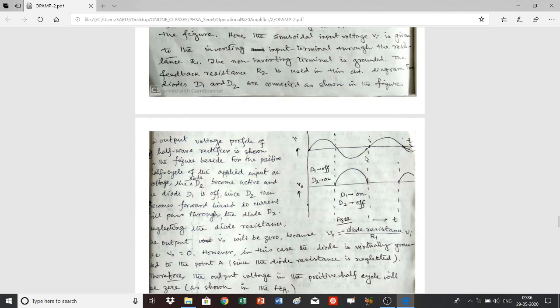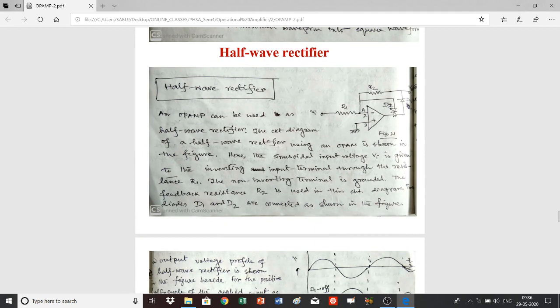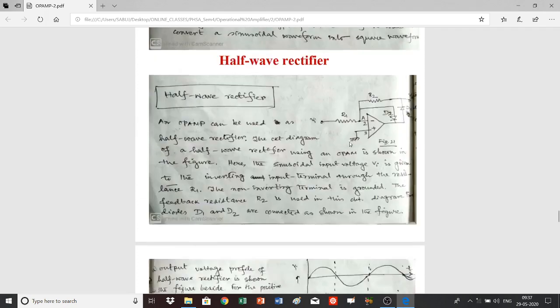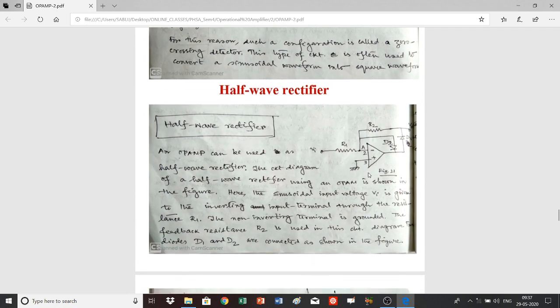This can also be explained another way: the diode D2 is connected to the virtual ground A, and this point acts as virtual ground, so A acts as a sink, no current will be found in the output, and that's why the output voltage will be 0. So in the case of the positive half cycle, the output V0 will be 0.